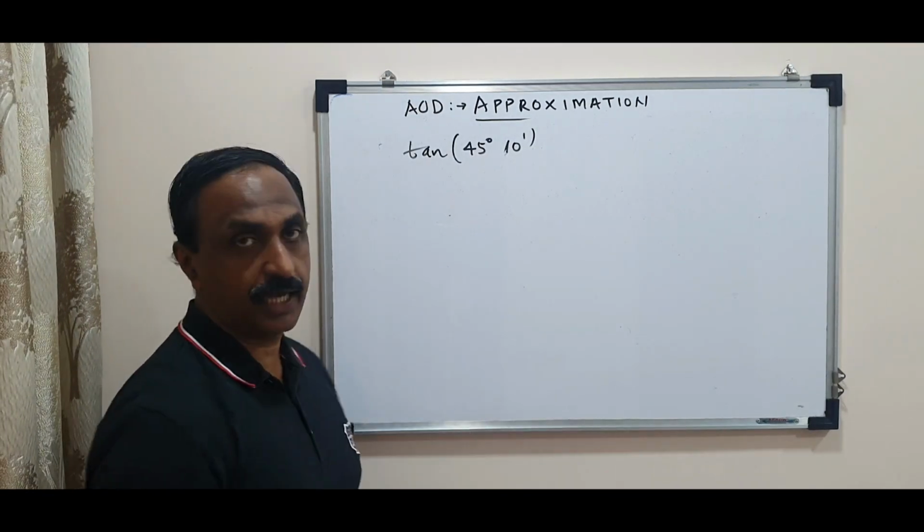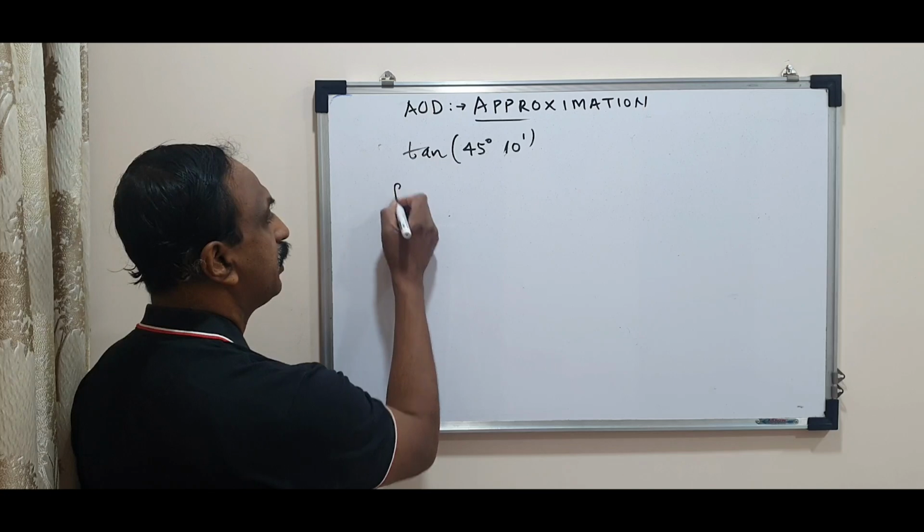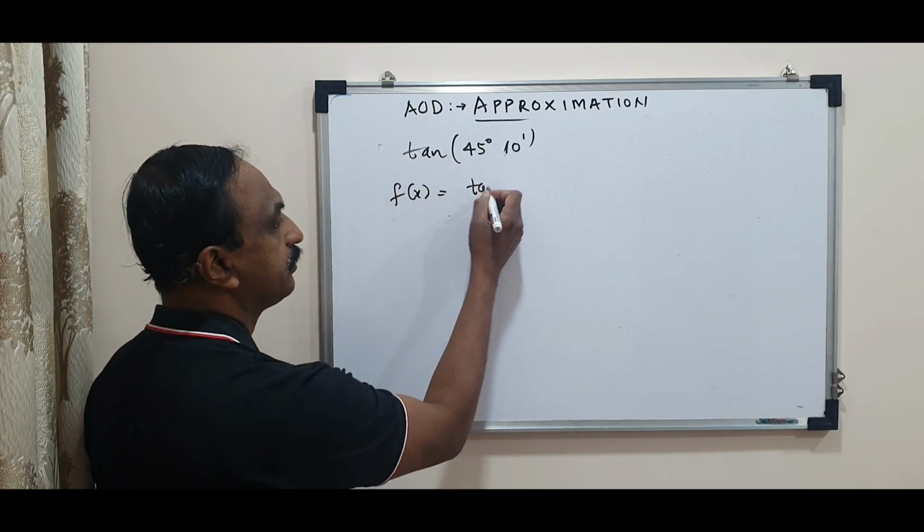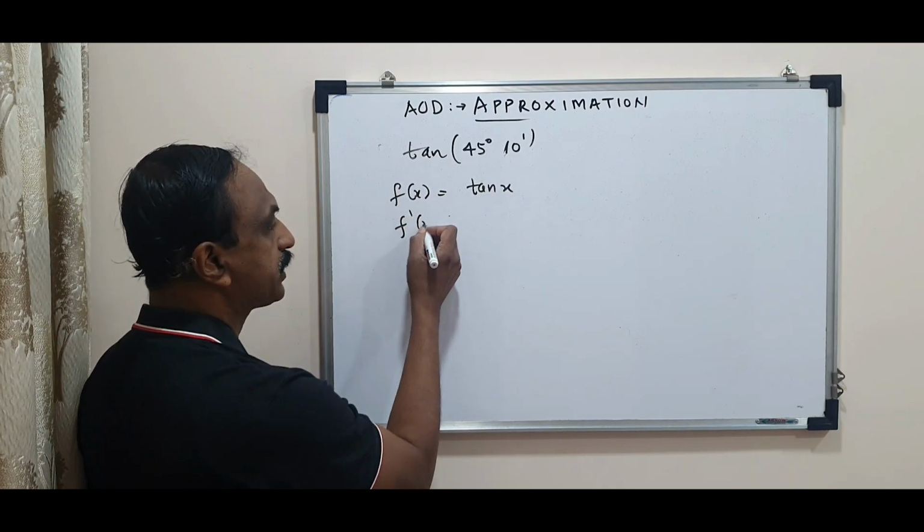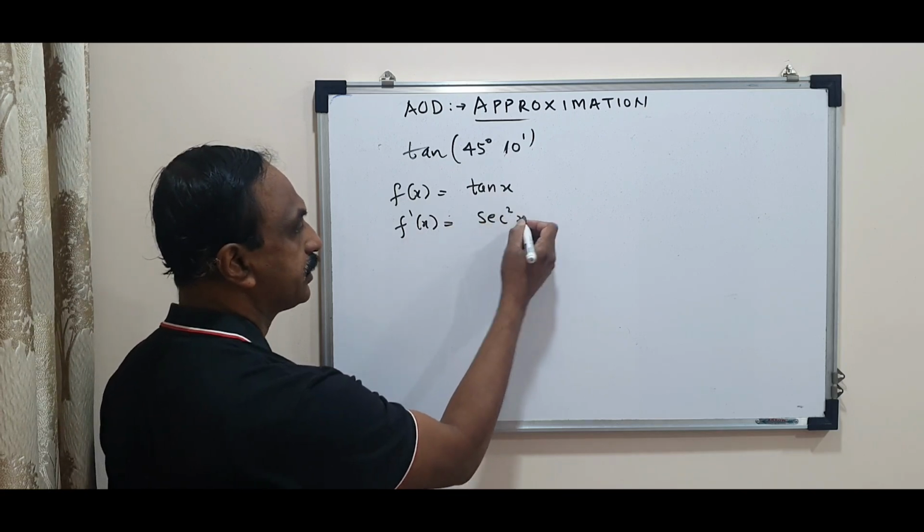The approximate value of tan 45 degrees 10 minutes. The function f of x is tan x. f dash of x, its derivative, is sec square x.